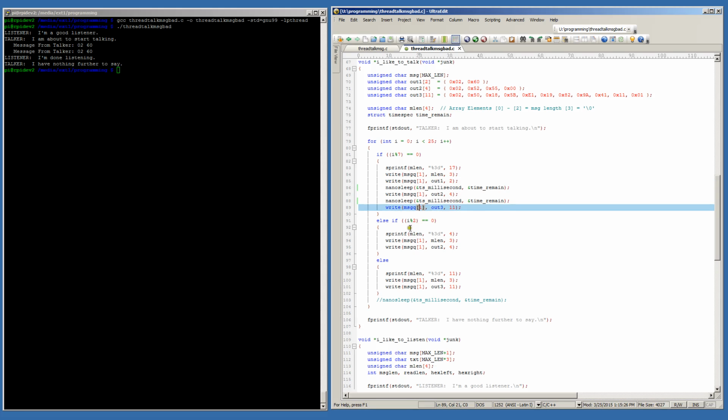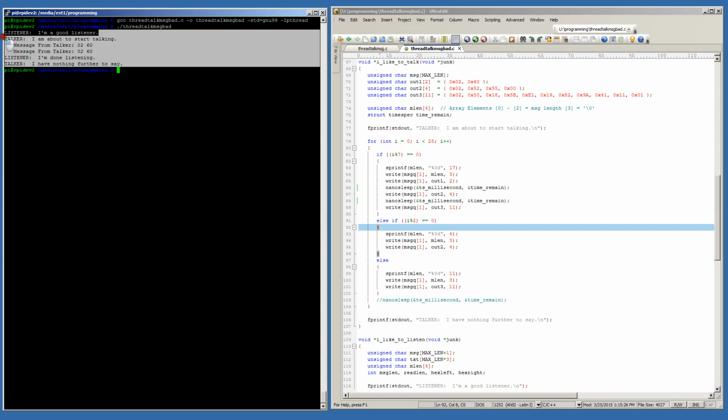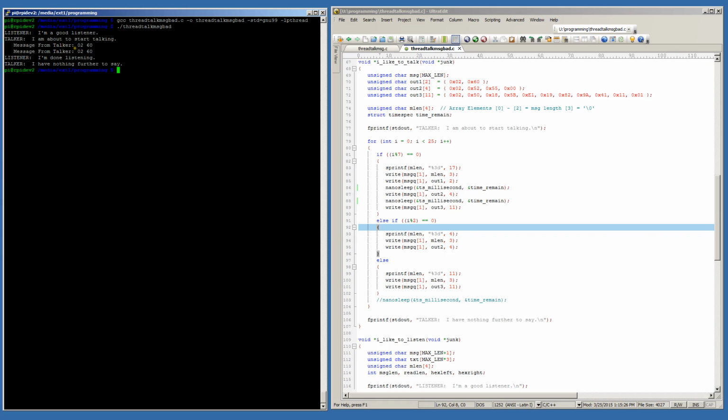And when I compiled the code and ran it over here, you can see I can reproduce that exact same scenario where the system did not work correctly because I didn't have the mutex, and I therefore didn't have synchronization between the two threads.